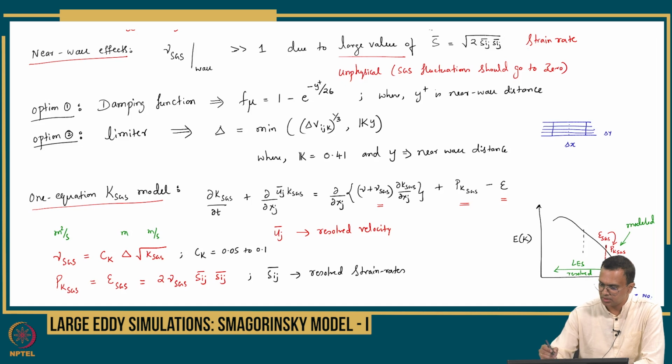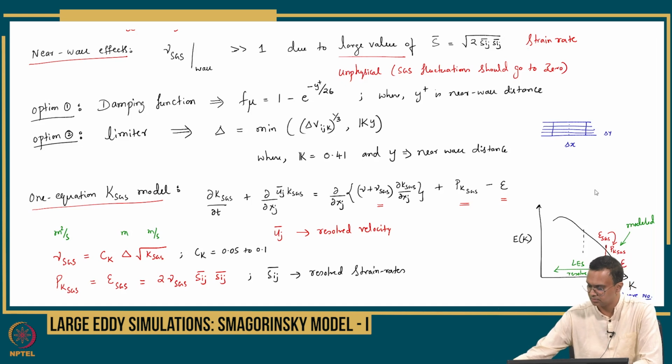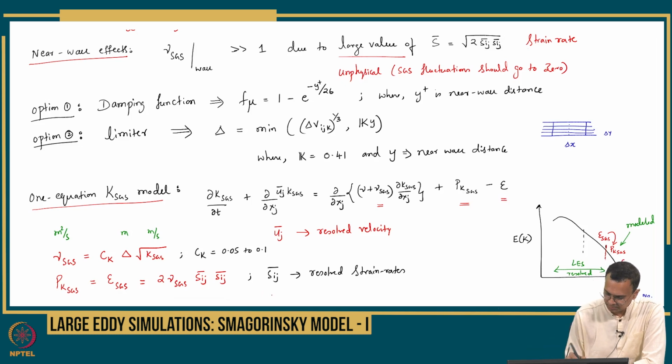And finally, epsilon itself has to be given, the last sink term in this one equation k_SGS model. That is given empirically.